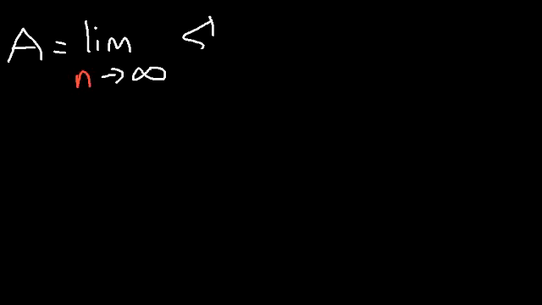So the area is equal to the limit as n approaches infinity of the sum of the area of each rectangle. So that's going to be the sum of f of ci. f of ci basically is the height of the rectangle times delta x, which is the width of the rectangle.